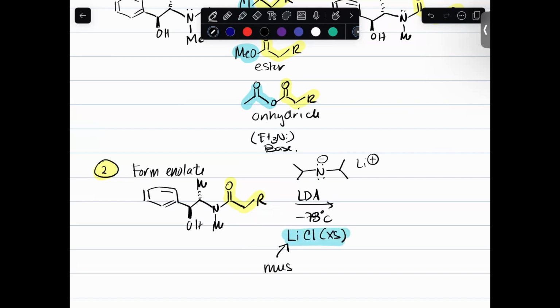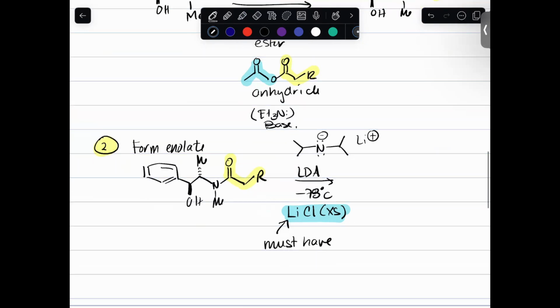Must have an excess of lithium chloride. And not surprisingly, you are going to not only form your enolate, but because LDA is such a strong base, it also ends up deprotonating that alcohol you've got.